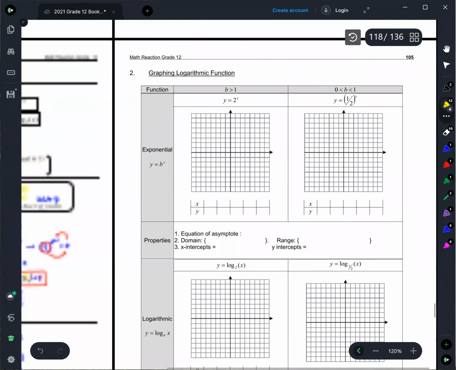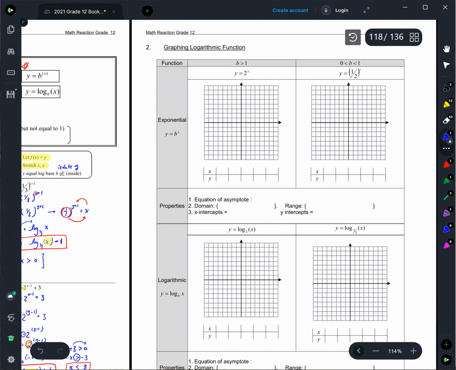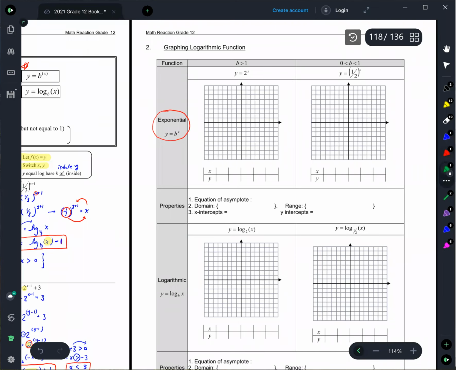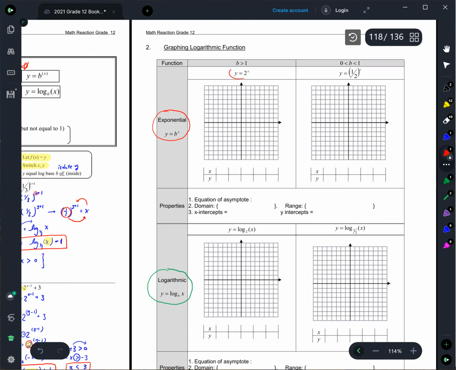So back to page 105. Look at this chart. On the top half, these are the exponential. That's the review part. The bottom part is the inverse, which is the log function. Here I chose the base of 2 and base of 1/2.